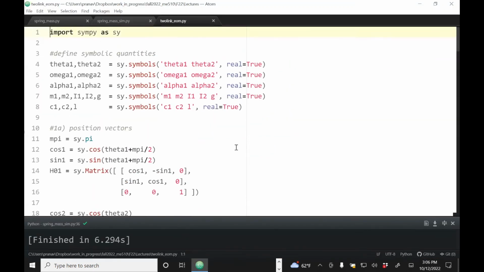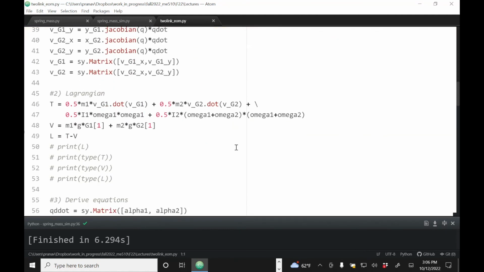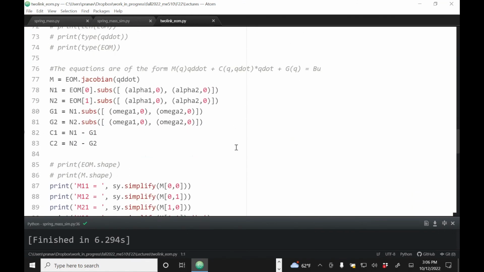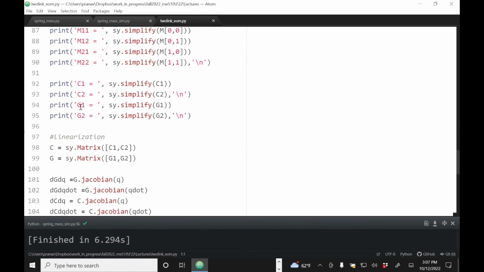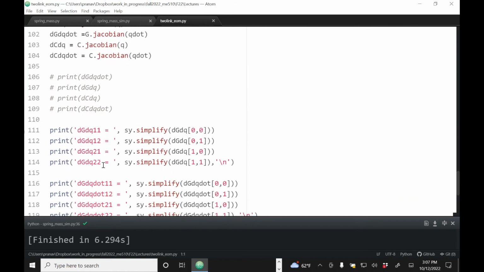Okay, so this is pretty much copy pasting the code I wrote a long time back to simulate a double link pendulum. I have code which does the derivation of equations. All these things are old. But the additional thing I did was, after I finished printing C and G, I have some code which will now compute the linearization matrices.